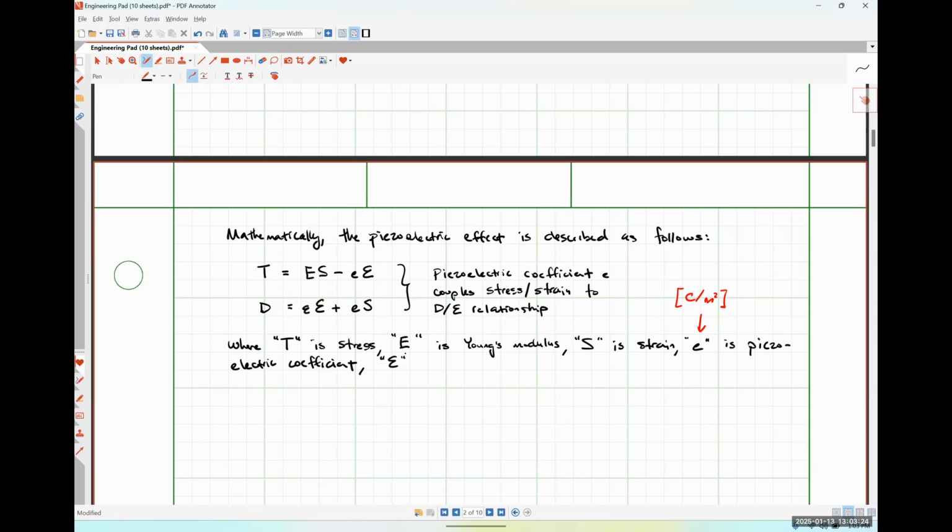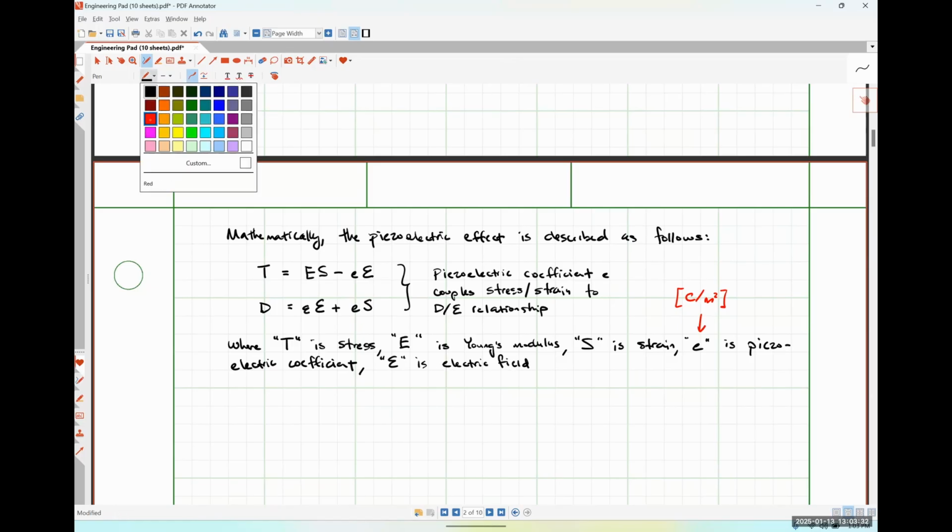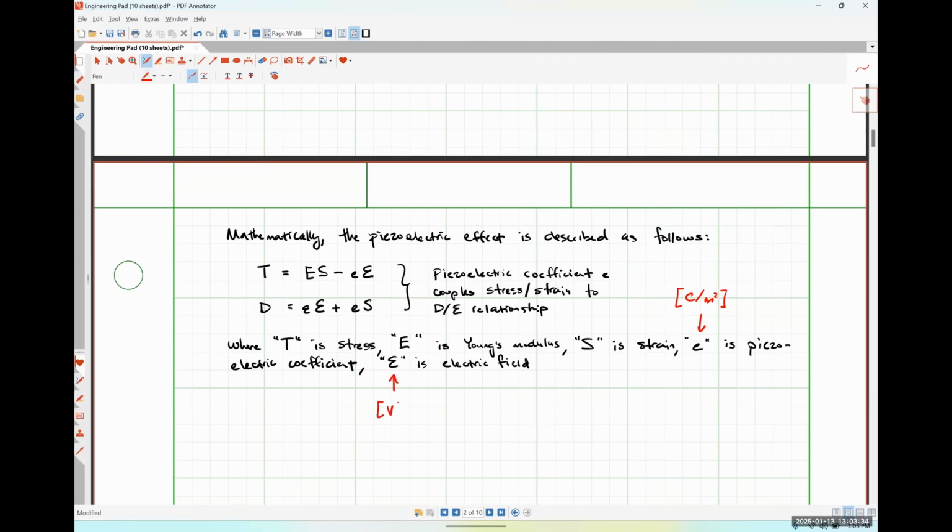Our capital script E is electric field, whose units are volts per meter, typically. D is the electric displacement vector, where this guy has units of coulombs per meter squared.